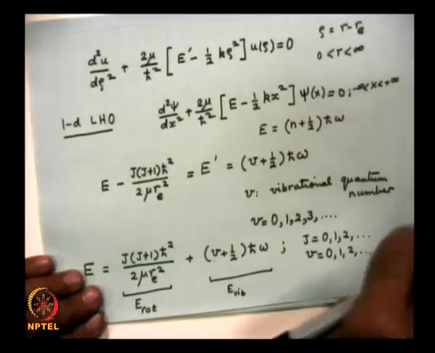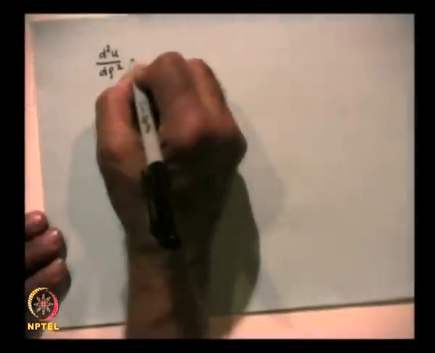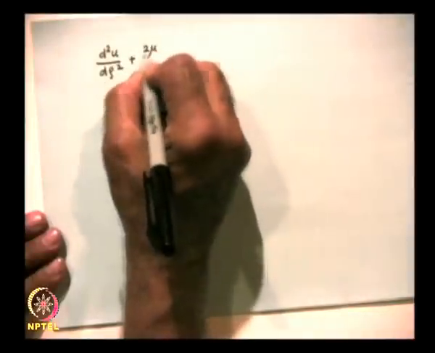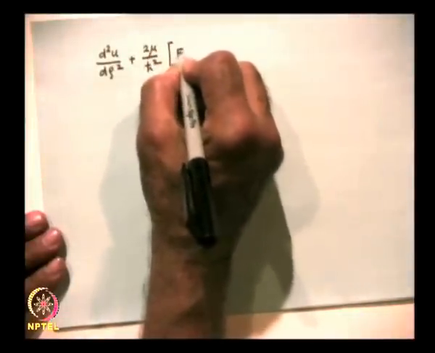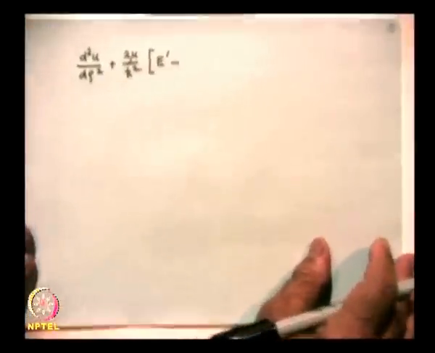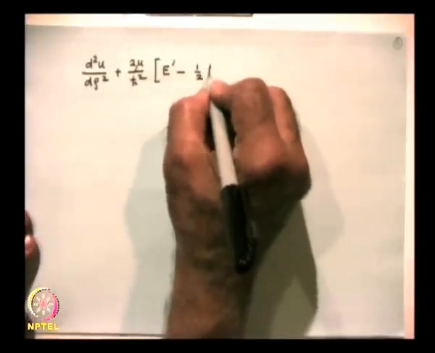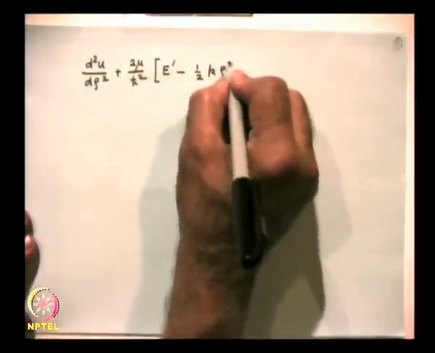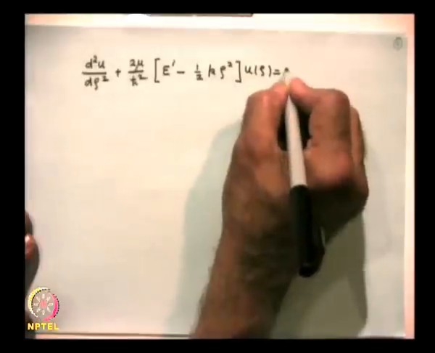So, let me write this down again. We have d2 u by d rho square plus 2 mu by h cross square into E prime minus half k rho square, u of rho is equal to 0.